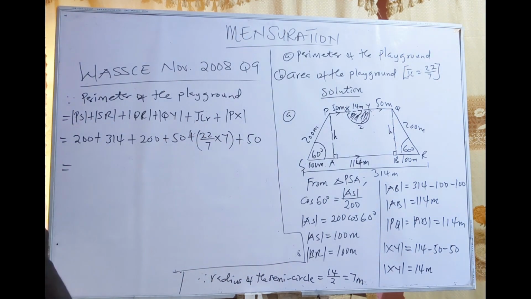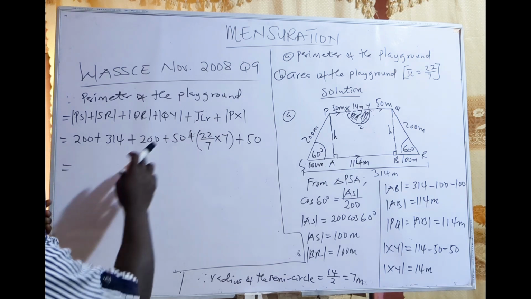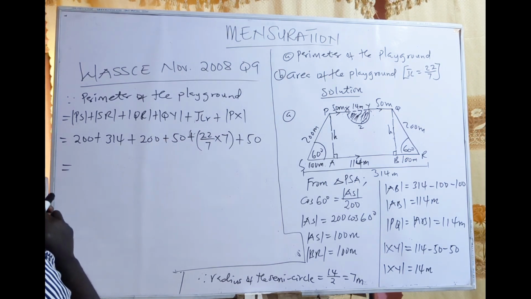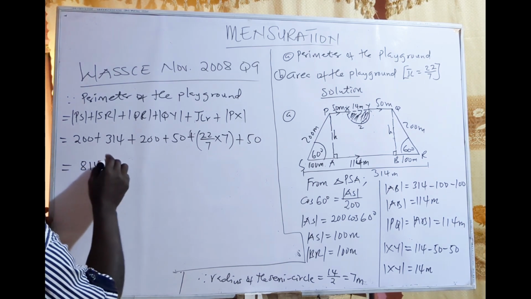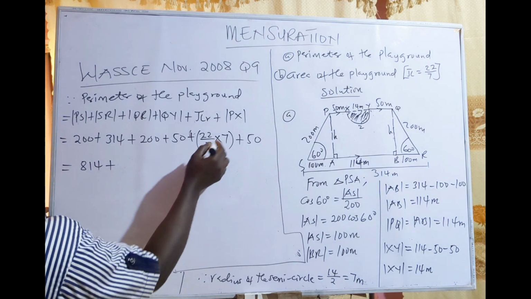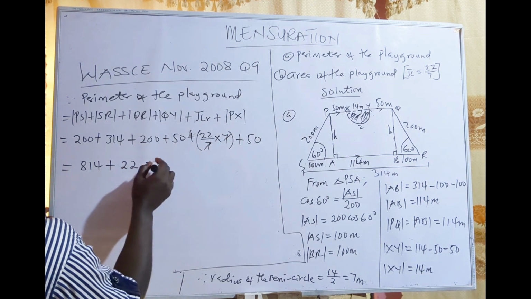So 200 plus 314 plus 200 plus 50 plus 50. That will give us 814 plus, so this 7 will cancel 7, so that I have 22.